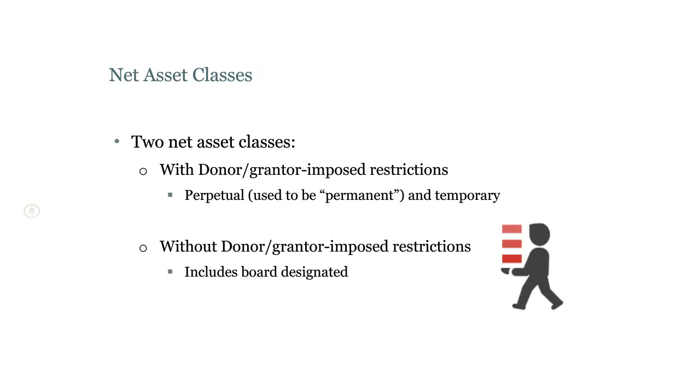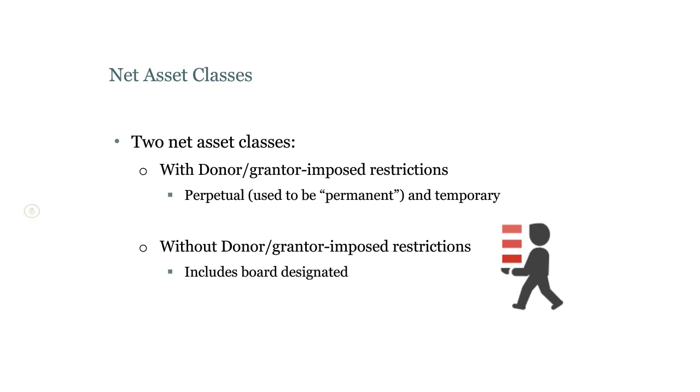So as everybody has likely heard, net assets are going from 3 classes, which we currently have: unrestricted, temporarily restricted, and permanently restricted net assets, to 2 classes, with donor-imposed restrictions and without donor-imposed restrictions. That doesn't mean that your permanently restricted and temporarily restricted net assets are going away. They will be renamed. You'll still have perpetual, so those endowment funds that are going to be there with you for perpetuity, you still have those.